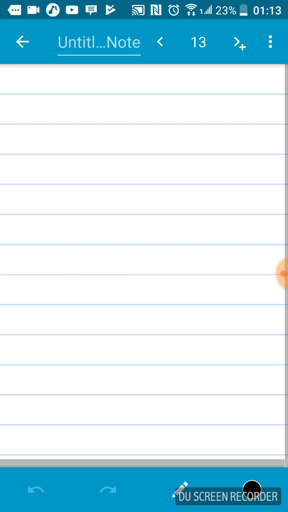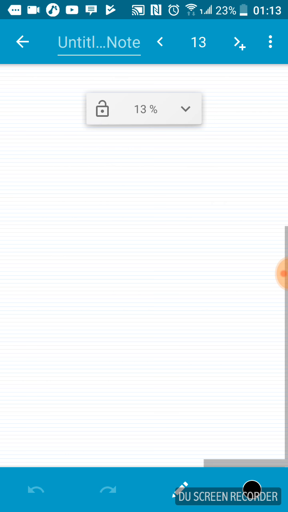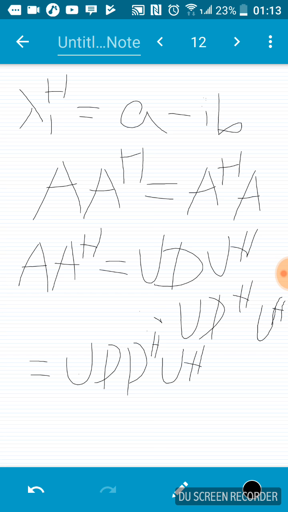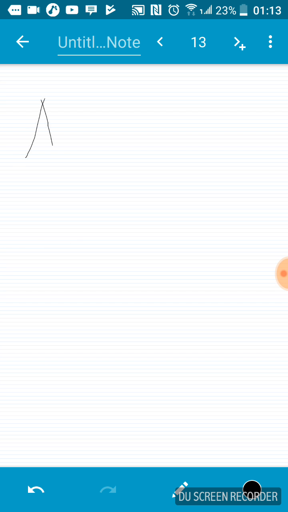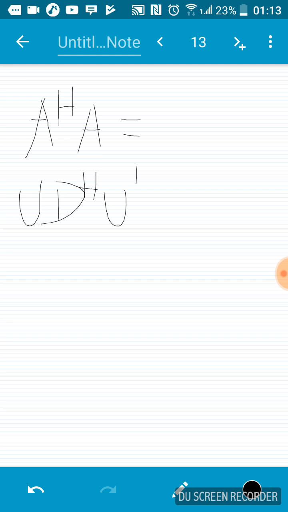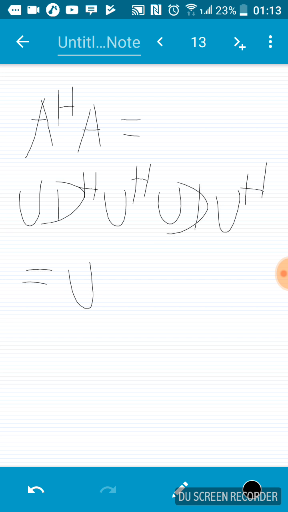We get the same result when we apply A^H A, as we can see that U D^H U^H times U D U^H is equal to U D^H D U^H.